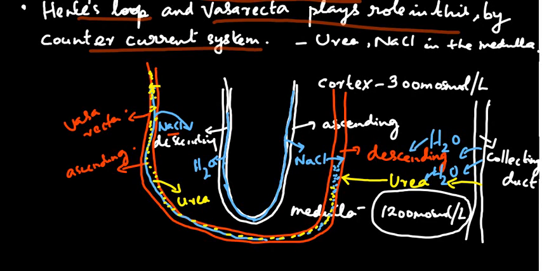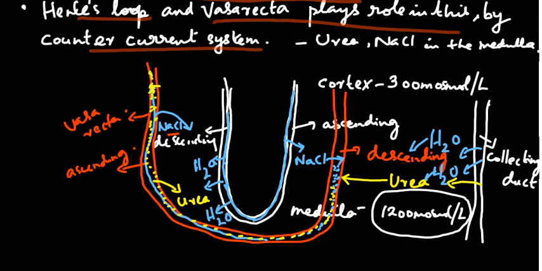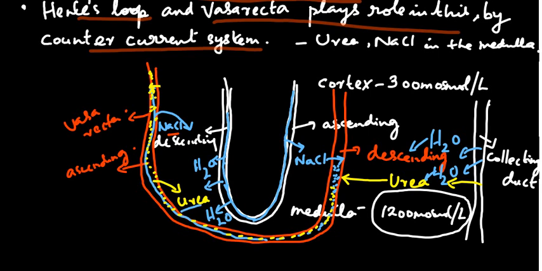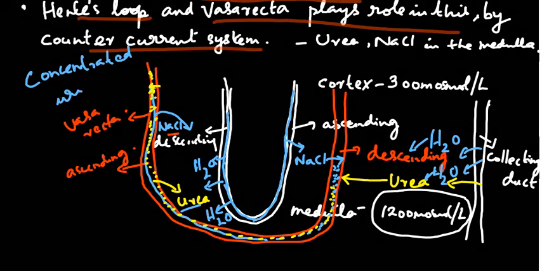Water will also move out of the descending limb of Henle's loop, because of these two reasons, that is, the presence of urea and the presence of sodium chloride in the medulla interstitial space. So this is how concentrated urine is produced in mammals.